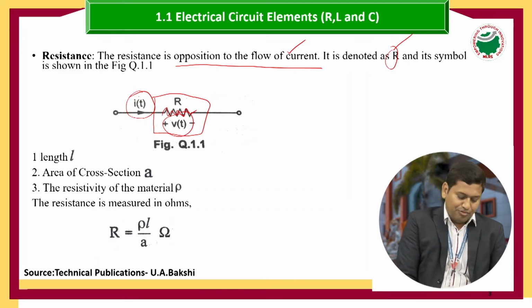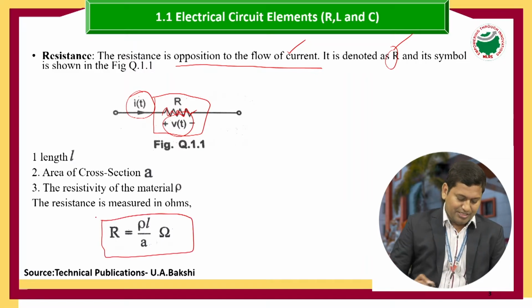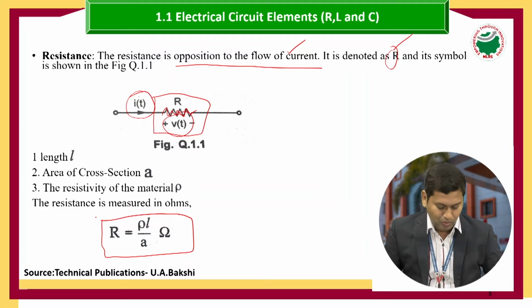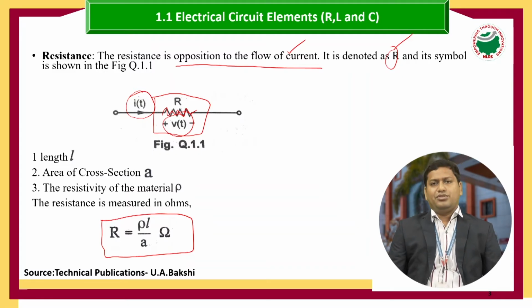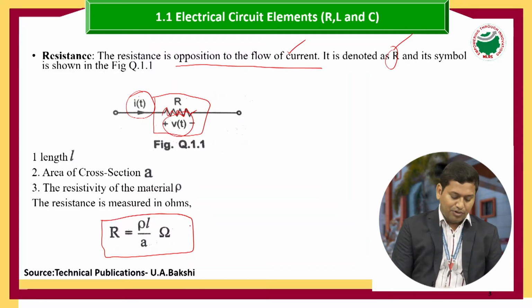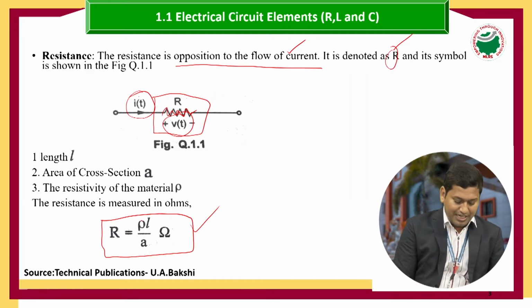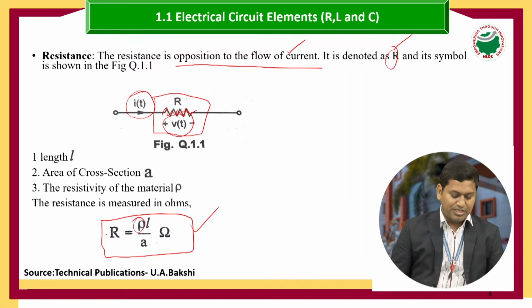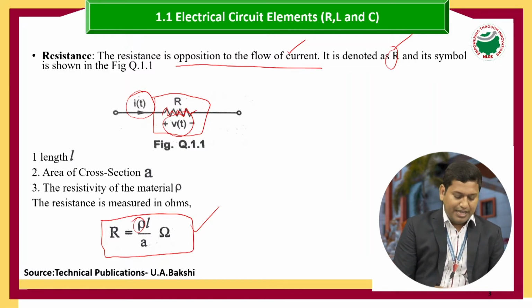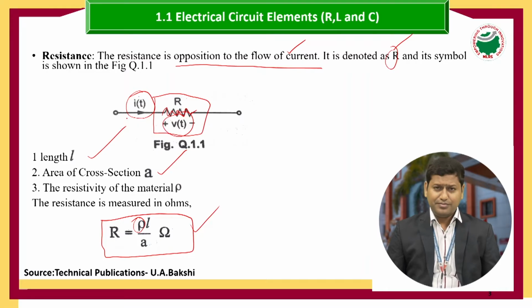After that, we have the formula for resistance: R equal to rho L by A. Here rho is the resistivity of the material, A is the area of cross section and L is the length.